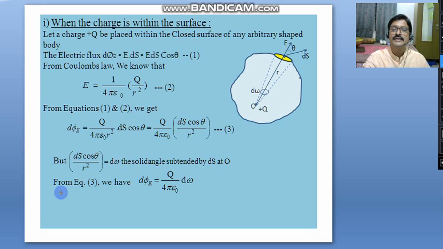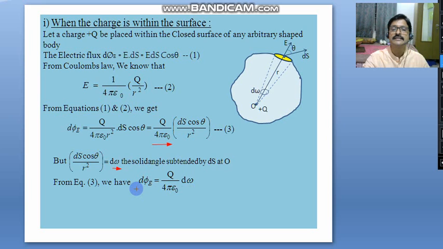So from equation 3, d phi E is equal to Q by 4 pi epsilon naught, and ds cos theta by R square means d omega. So d phi E is equal to Q by 4 pi epsilon naught into d omega.